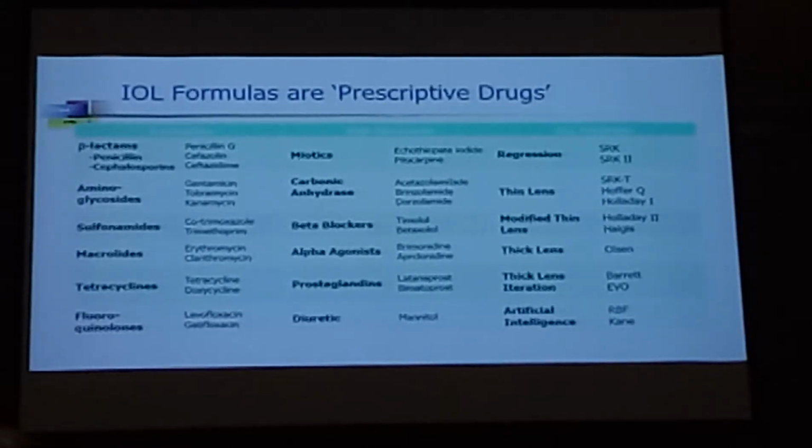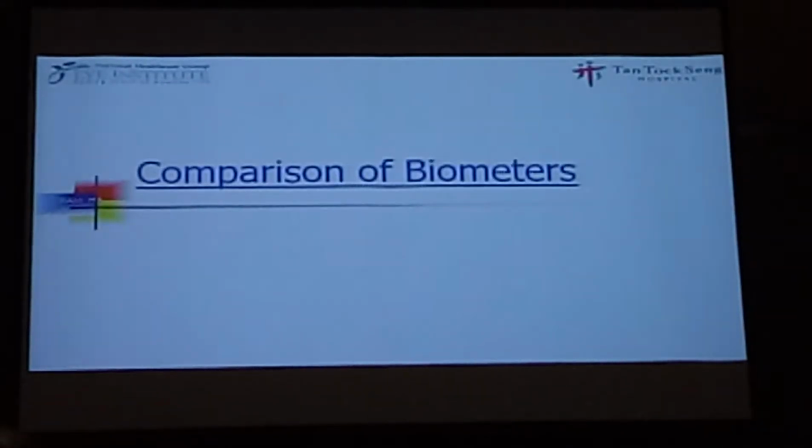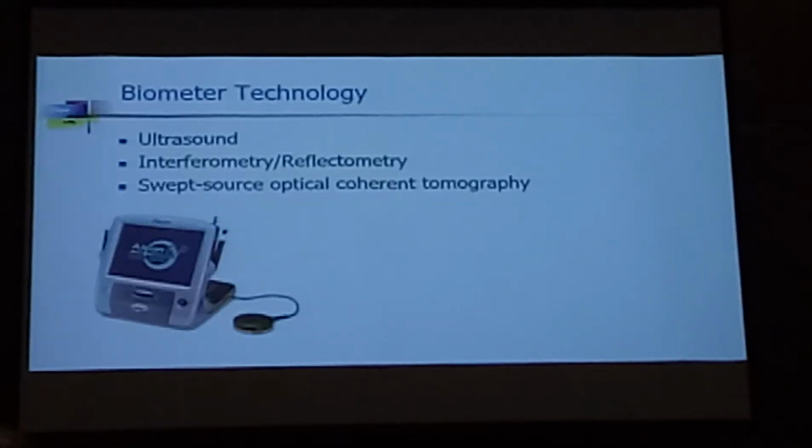Is it a medical legal problem, especially since SRK and SRK2 have been proven to be inaccurate and you continue to use them to calculate your IOL power for the patient? Well, we're not going to talk so much of that. We're going to concentrate on comparison of biometers. The second part, the calculation part, we will talk about in my second lecture.